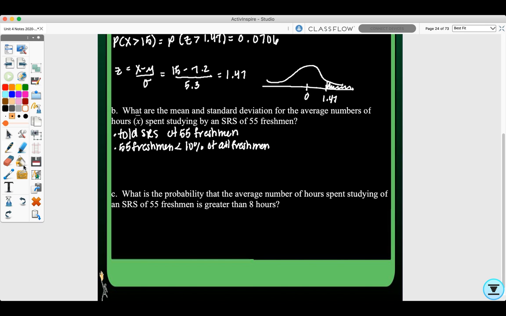And the population distribution of freshmen is approximately normal. Or we could say n equals 55 is greater than or equal to 30. So by the central limit theorem, our sampling distribution is approximately normal.